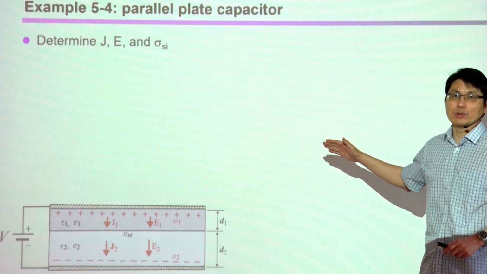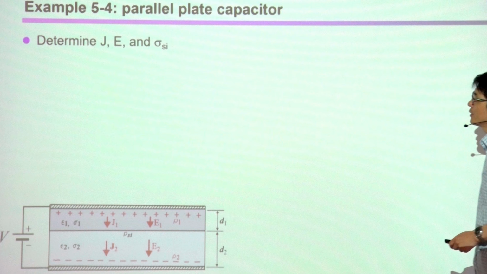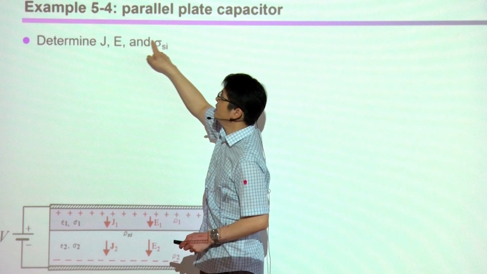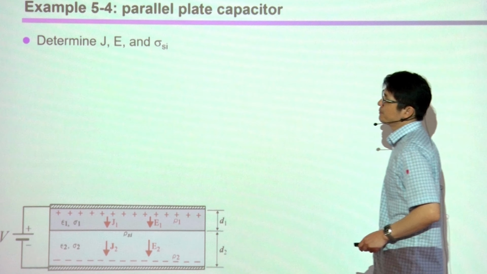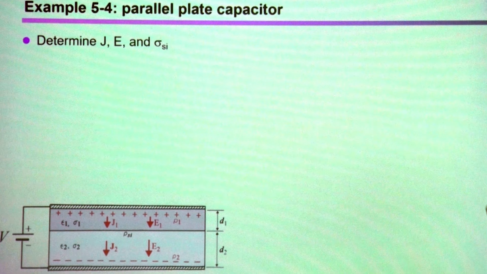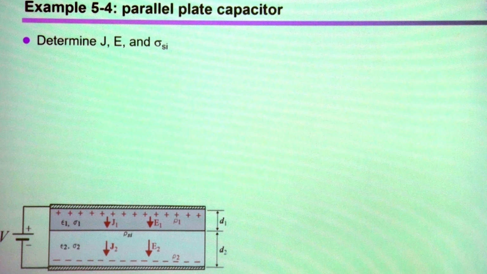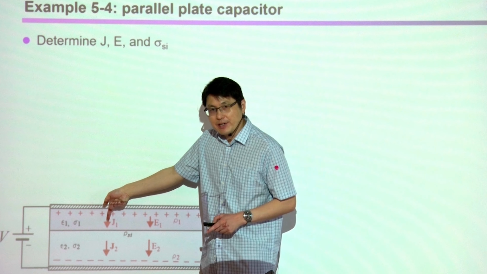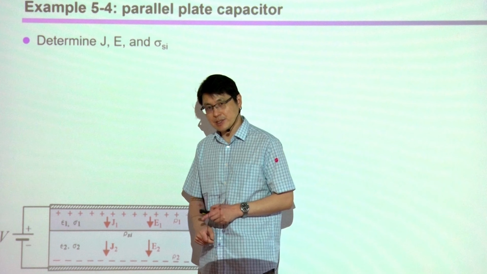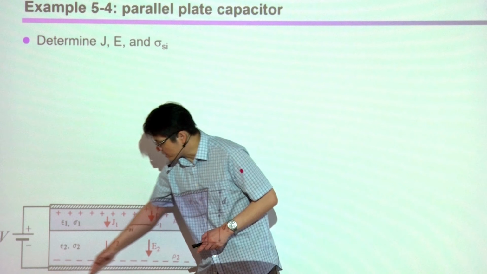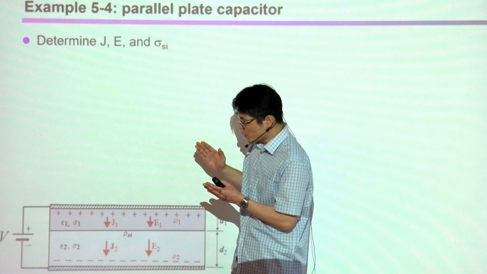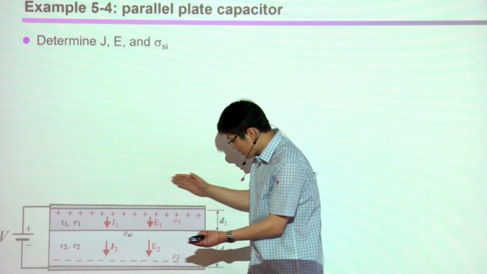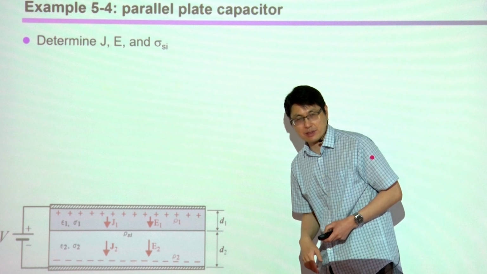But let's nail it one by one. We want to determine the current density, the field intensity, and charge densities. How should we start? Well, we know from boundary condition, J normal are continuous, right? And in this case, again, we can assume the two parallel plates are quite big as compared to the total distance.